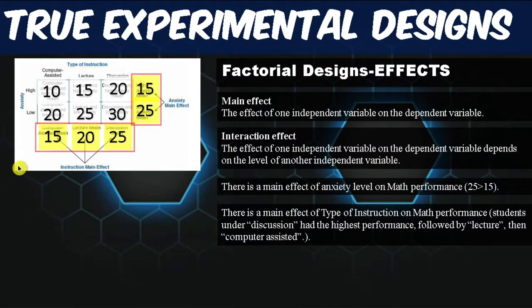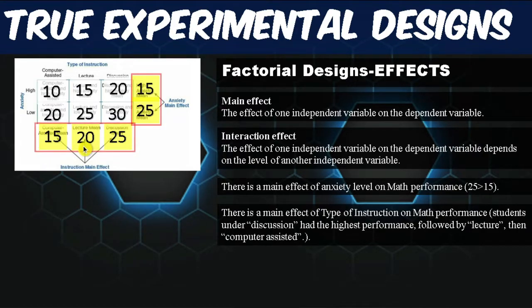How about the main effect of the second independent variable? That's the instruction type. We also see that there are differences in the means. So 25 is the mean, or the average, of the values here. 20 is the average of these two values here. Also, this is the mean of these two values here. And they are not the same.